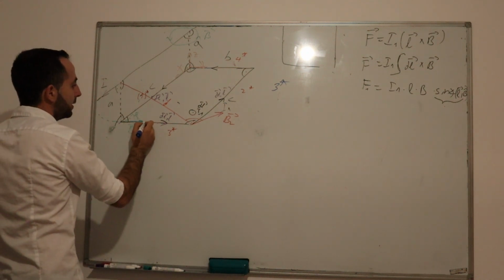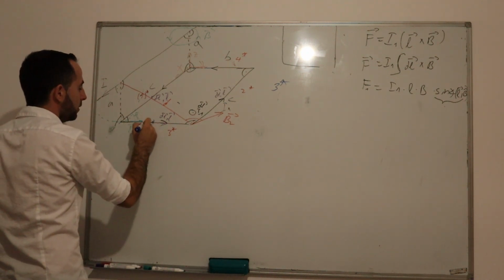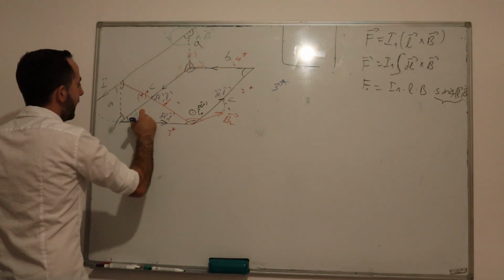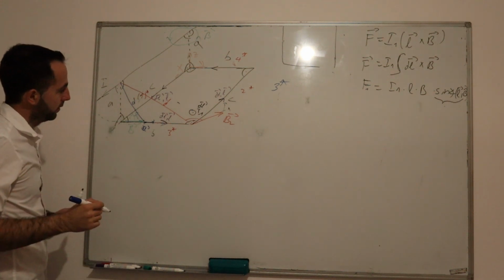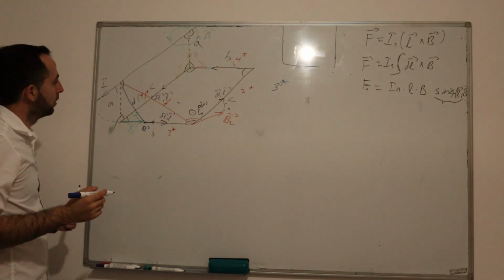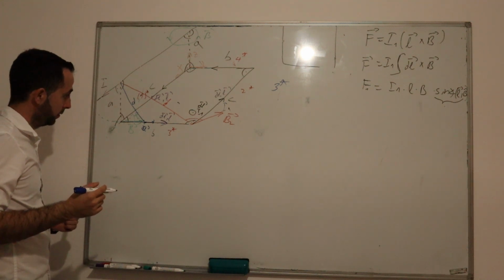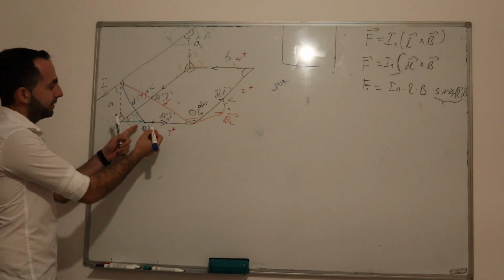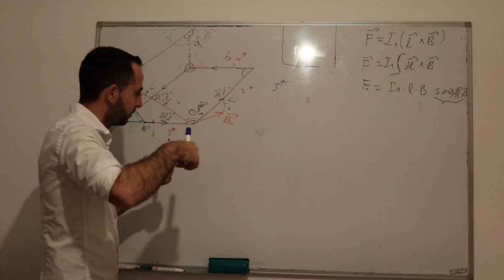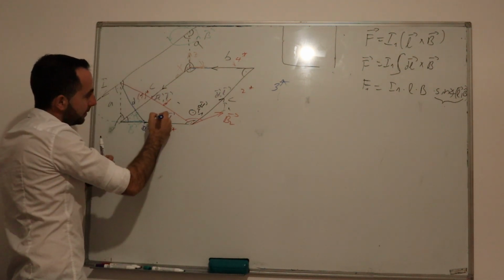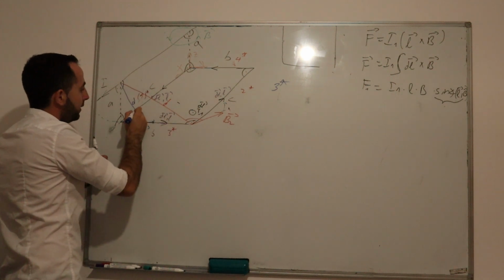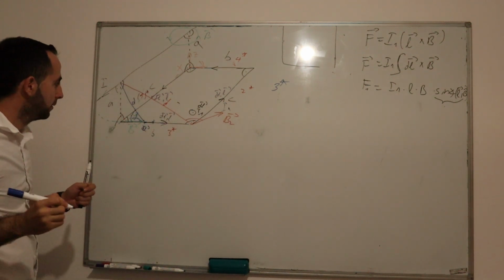Well, as you can see, this is dL. And this is the distance, D. But as I'm walking through this length of the conductor, this distance D changes, and it creates some angle alpha.